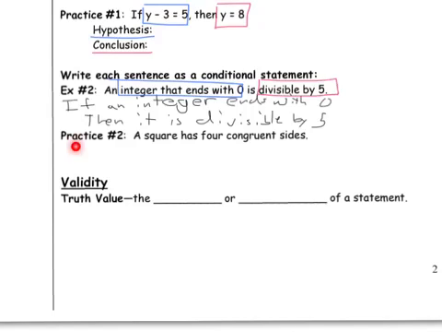So I want you guys to try and do practice number 2 here. A square has 4 congruent sides. How could you write that as an if-then statement? My recommendation is, if you say it out loud and it doesn't make sense, it's probably not right. So try and write it in a way that would make sense. You can go ahead and do that and pause the video, and I'll put the answer up in just a second.